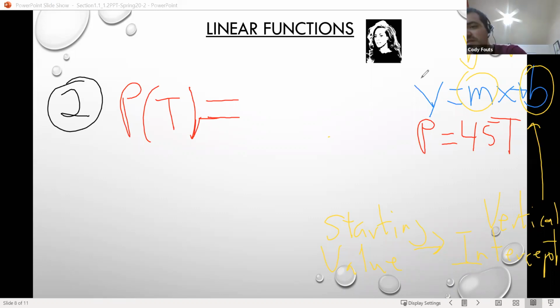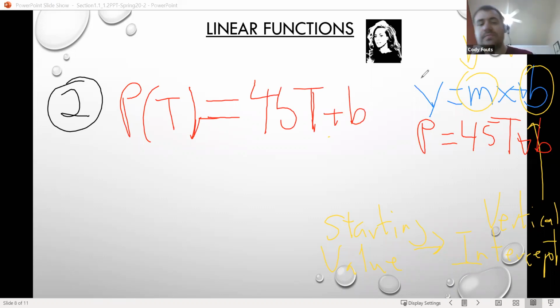So right now, we don't know what b is. I'm going to put plus b. We know right now that our formula is looking like 45t plus some value for b. So we'll choose one of our points. I'm going to use the 15,000 tickets sold and the profit being 645,000.